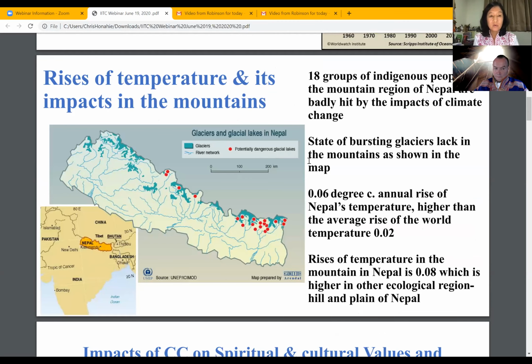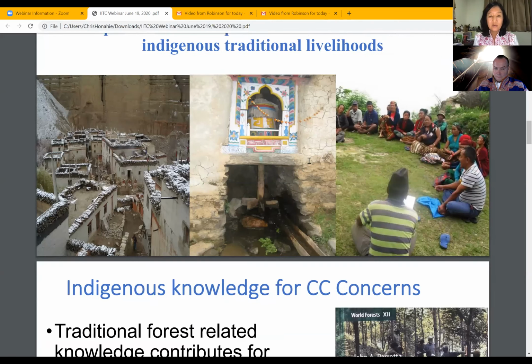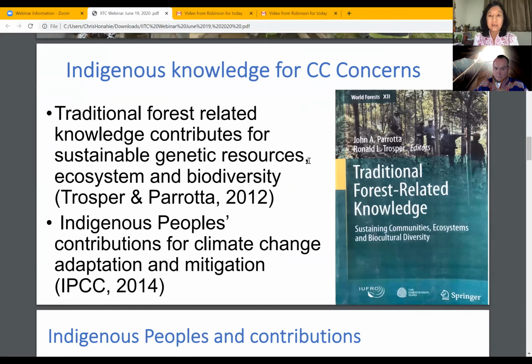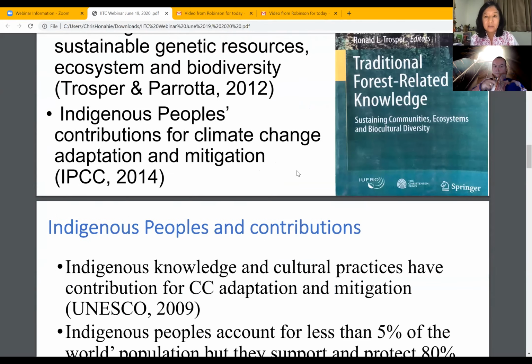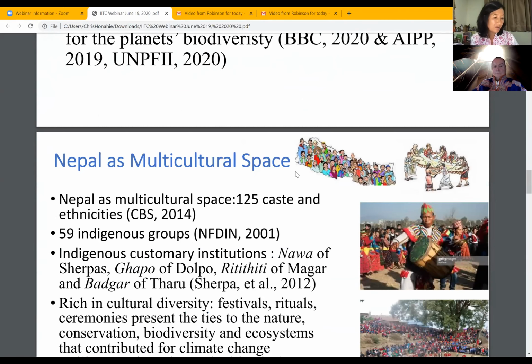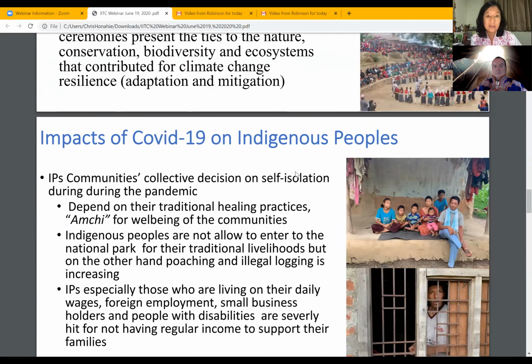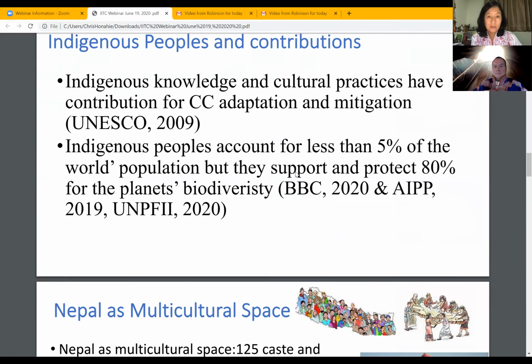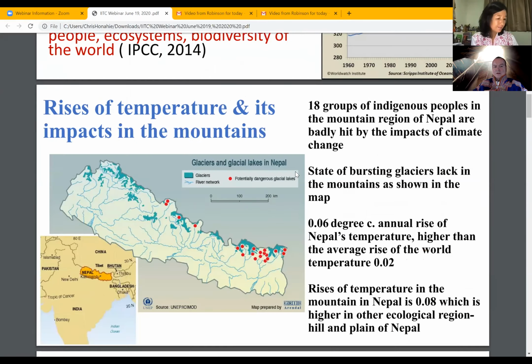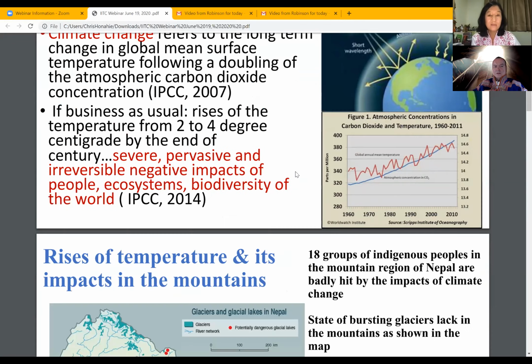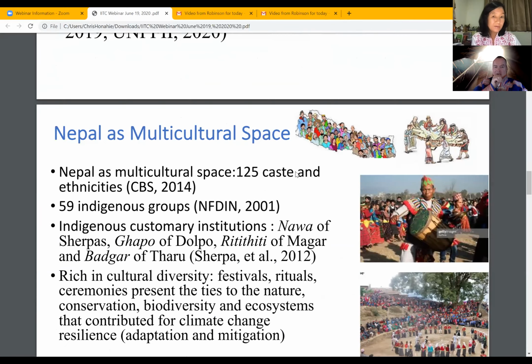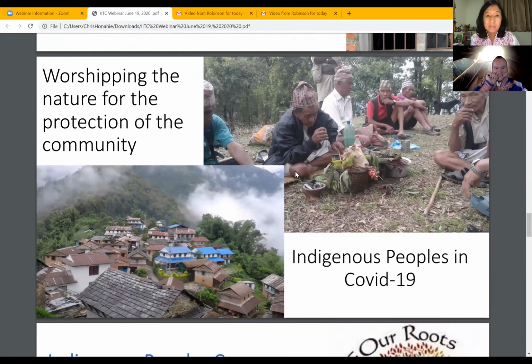Can you please move a little bit ahead? Can you please go ahead a little bit further down? Yeah, great, thank you. So, you know, like in the impacts of the climate change is everywhere, no doubt. But no, on the earlier slide, please. No, not this one. Earlier, the fourth slide. The fourth slide. No, earlier, please, earlier. With the mountains, with the Nepal's picture, can you go ahead?